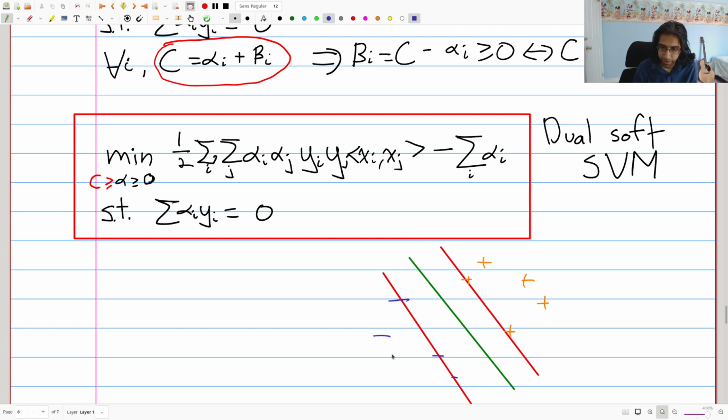Things on the margin as well as things beyond the margin. What we said before in the hard margin case, everything that's beyond this margin will have an alpha i equal to 0, whereas for things on this margin, the alpha i's may be 0 or they may be greater than 0.